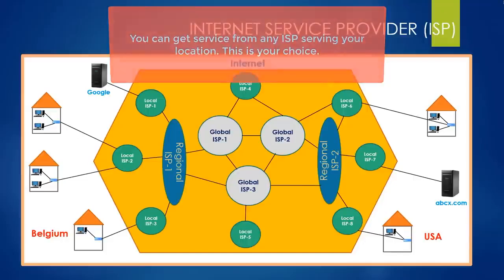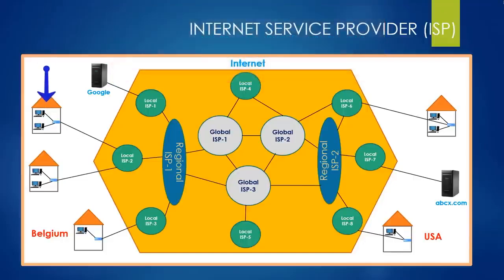For example, let's say this is our home and we connect to the internet via local ISP too. However, if we request, we can also connect directly to the internet via regional ISP1. This is possible. What I am trying to say is, if you want to get your ISP service from a certain company, and if this company doesn't serve your location, you can contact the company and talk about what you can do.